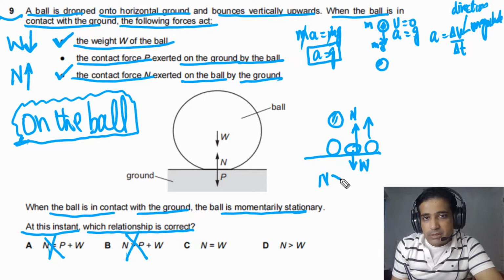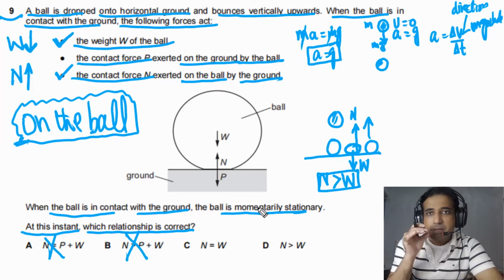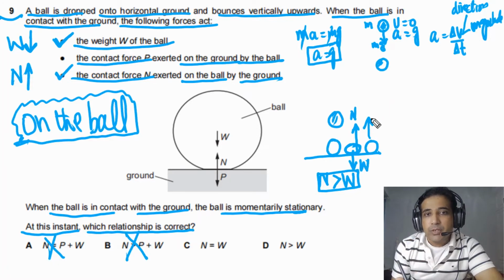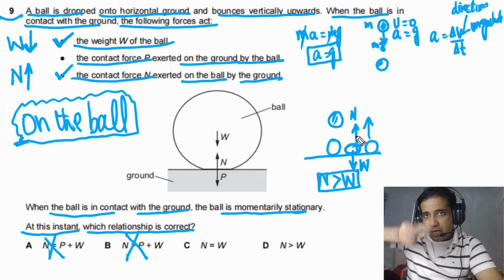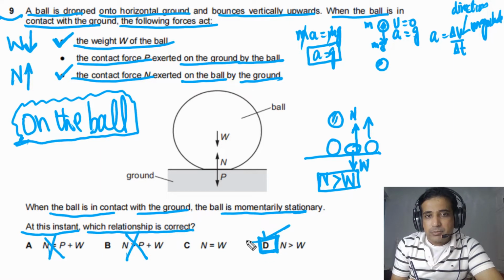So in this case, N has to be greater than W. So there is a resultant force even when its speed is 0 and the ball is at rest, because the direction of motion is changing. So there is a resultant force, there is acceleration. The ball goes vertically upwards, which means N is greater than W. So the answer is D. D is the best possible option.